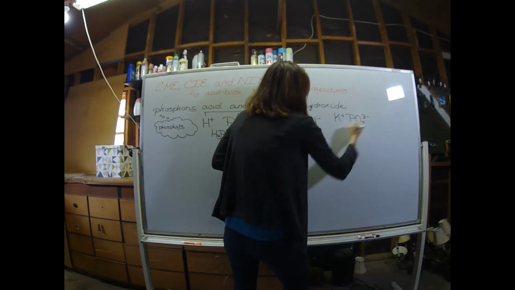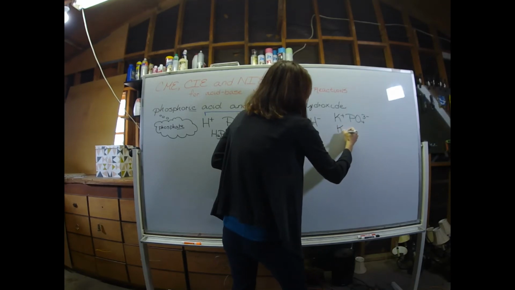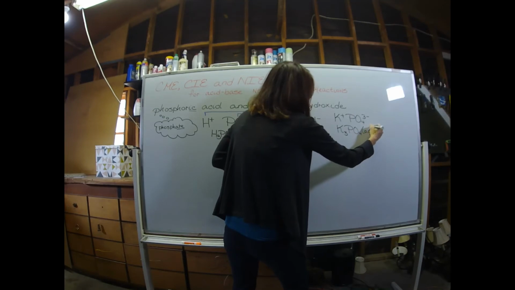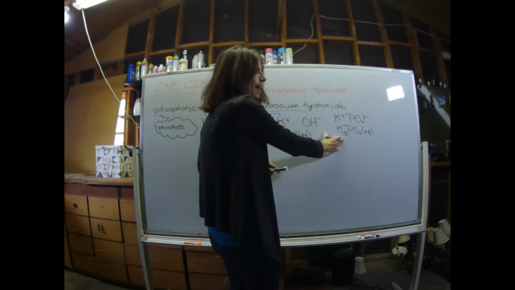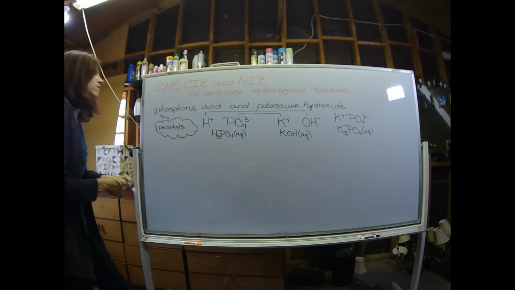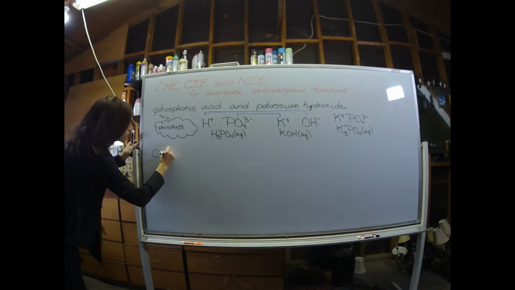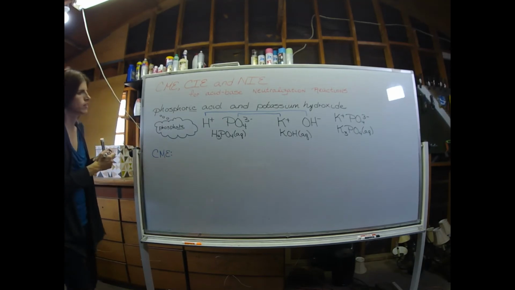This is going to give me K3PO4, which I know is aqueous because of the presence of the group 1 cation. For my complete molecular equation, everybody's crisscrossed in this one.